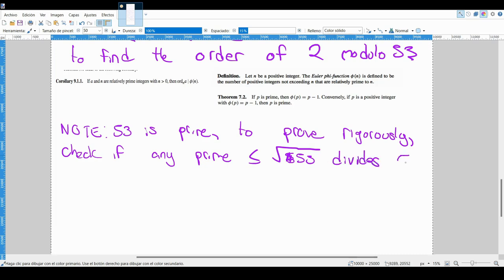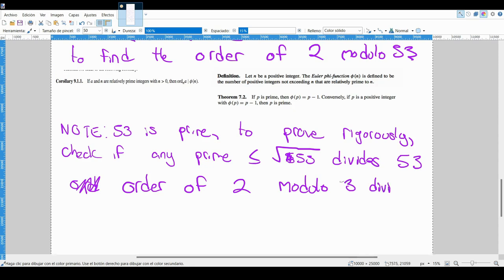That's an exercise you can do, but that's pretty easy to show. And then we can note that the order of 2 modulo 53, given this identity here, divides phi of 53, and because 53 is prime, this is going to equal 52.